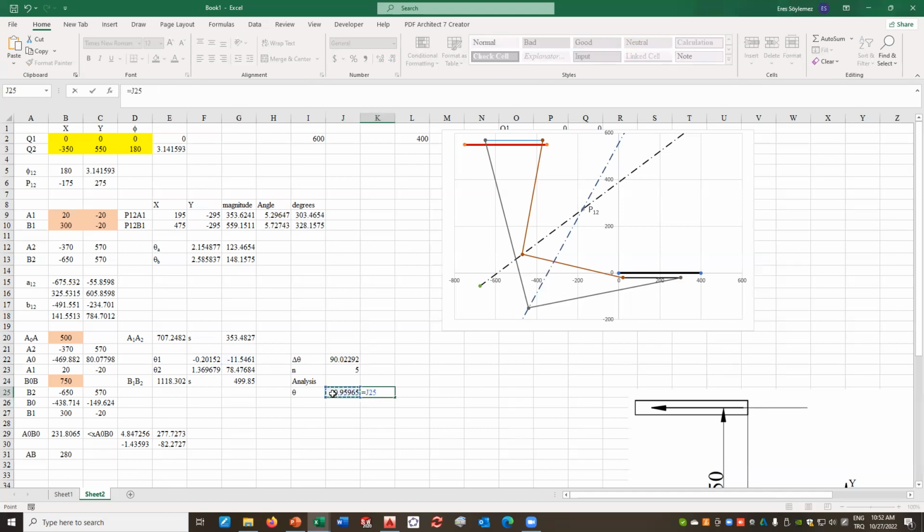Is equal to this value times d theta in radians. You see what I will do is, if I change this 5 to 0, it will be minus 11 degrees. If I change this 5 to 20, it will be 78 degrees, okay? I have divided the interval into 20. Okay, keep it like that.